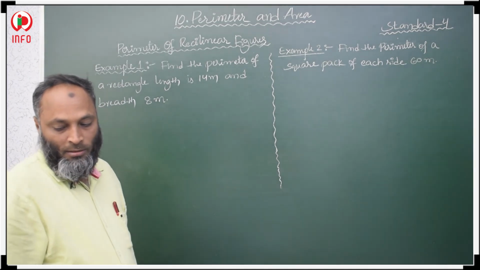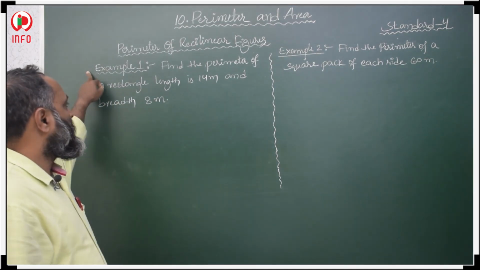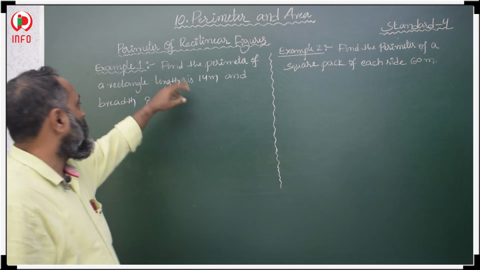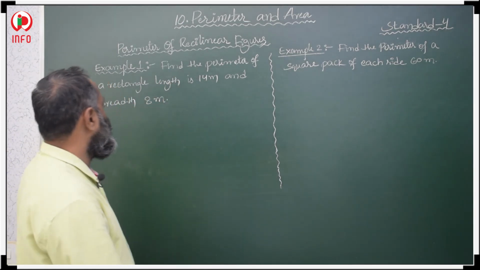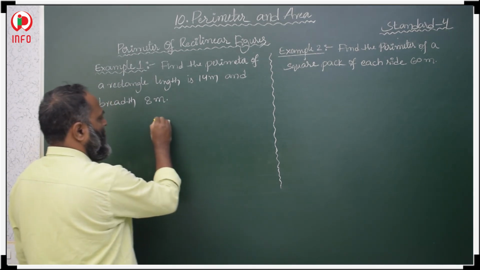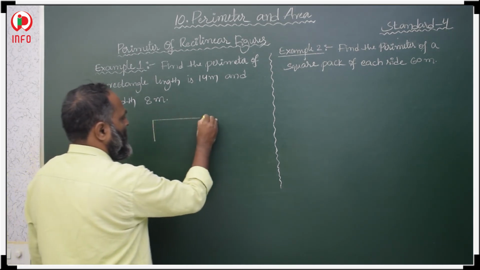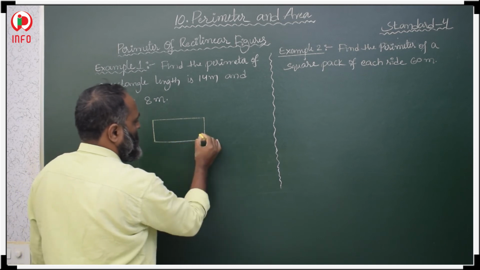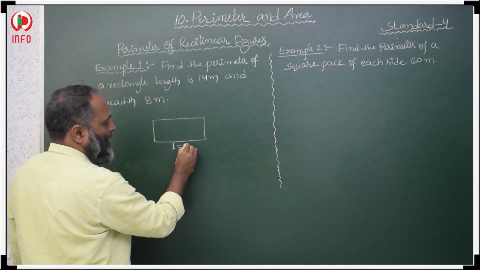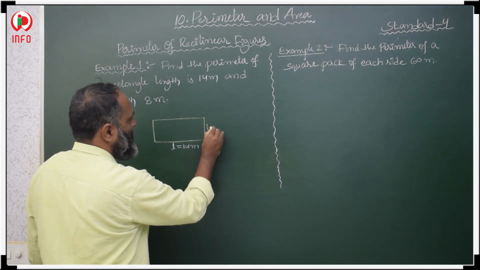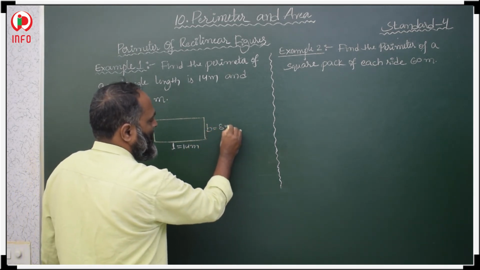Now students, see here in the first example: find the perimeter of a rectangle. Length is given as 14 meters and breadth is given as 8 meters. First you draw the rectangle. In this rectangle, length L is 14 meters and breadth is 8 meters.